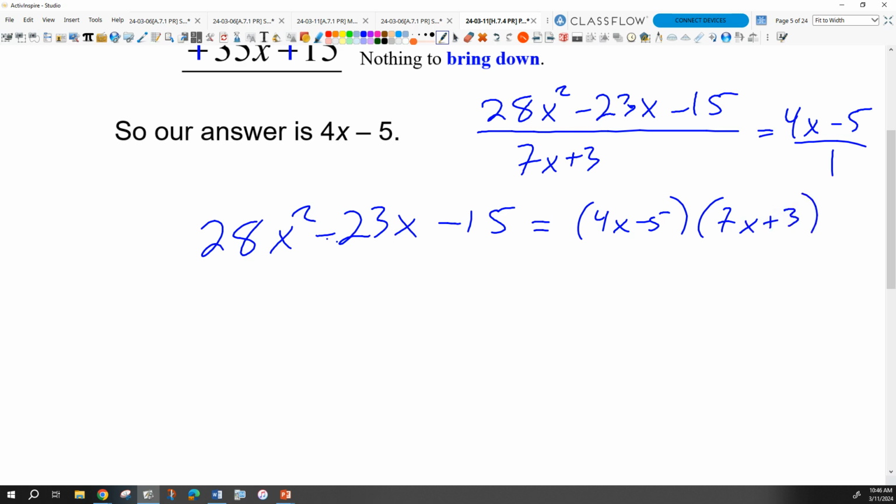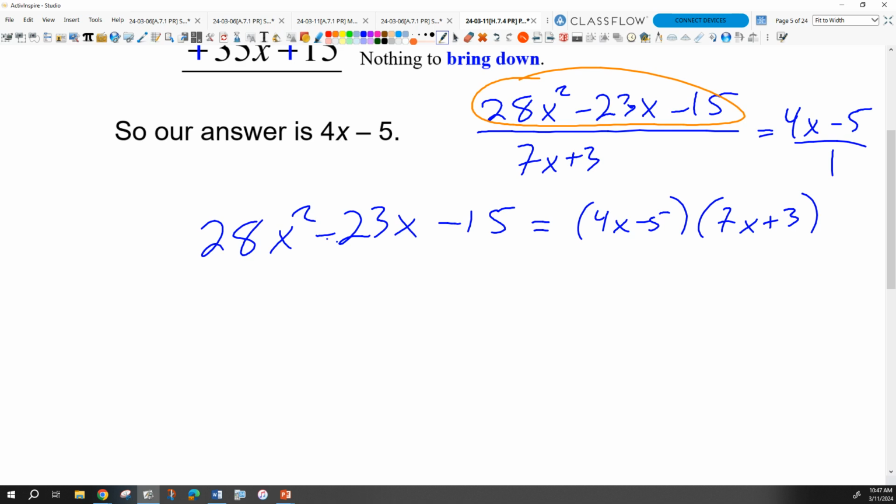Agree? So would factoring have worked? Yes, it would have, wouldn't it? Because look, everything that's in the top, you guys see this? Everything that's in the top, that factors, right? That tells me that the polynomial in the numerator is equal to the product of those two binomials.